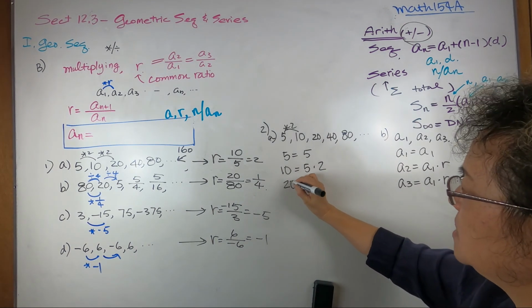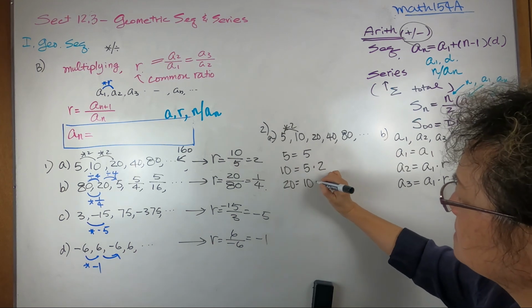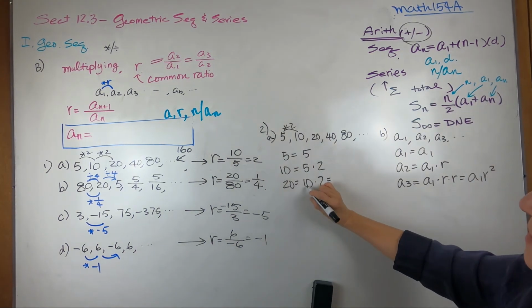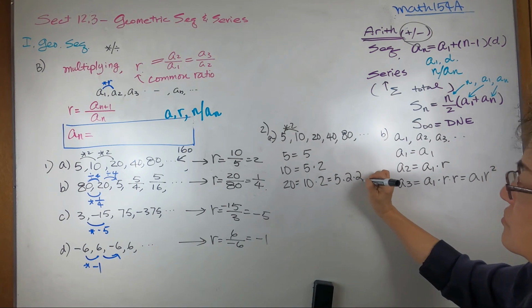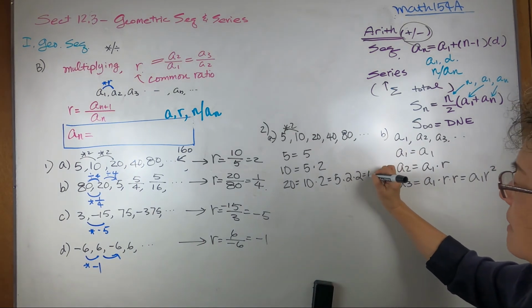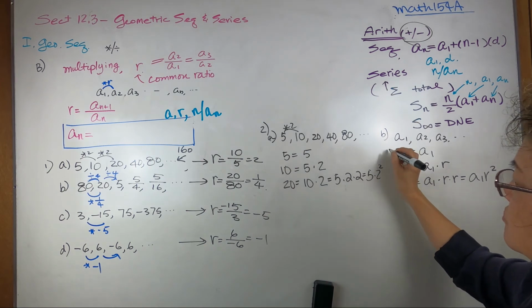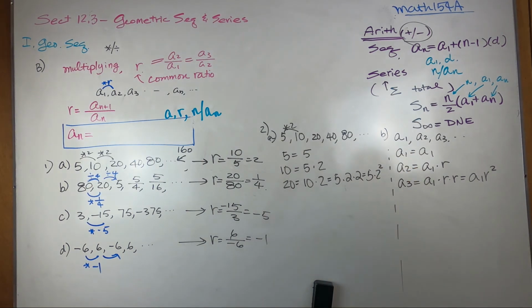Same thing, 20 would be 10 times 2, this one times 2, which is 5 times 2 times 2, which is 5 times 2 squared.